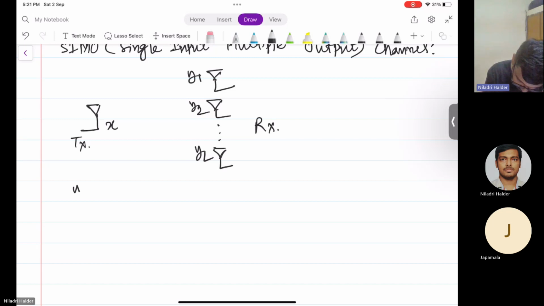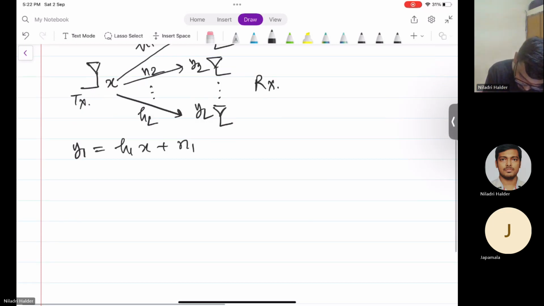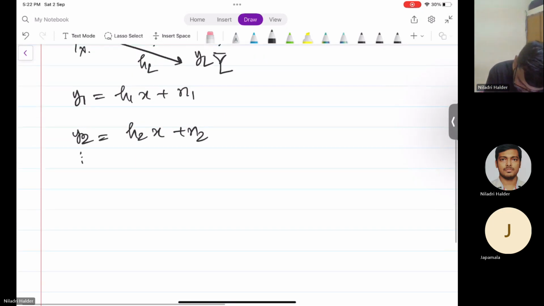So the channel gains are H1, H2, up to HL. Y1 equals H1 X plus N1, Y2 equals H2 X plus N2, up to YL equals HL X plus NL.